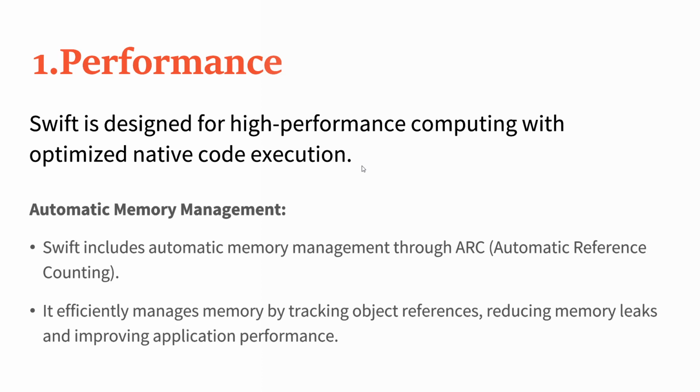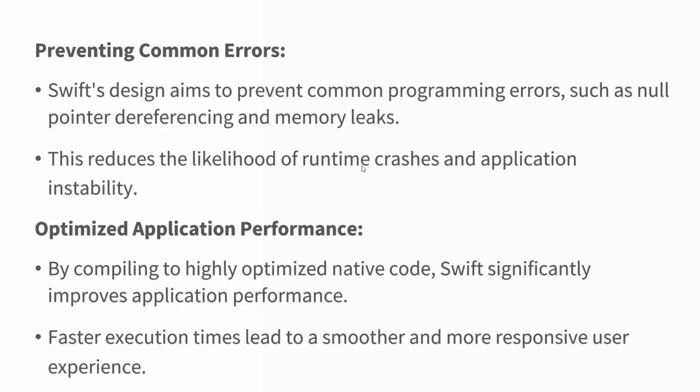It efficiently manages memory by tracking object references, reducing memory leaks, and improving application performance. Preventing common errors: Swift is designed to prevent common programming errors such as null pointer dereferencing and memory leaks. Optimized application performance: by compiling to highly optimized native code, Swift significantly improves application performance.